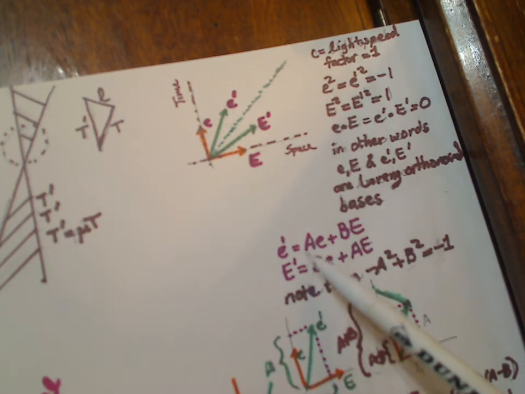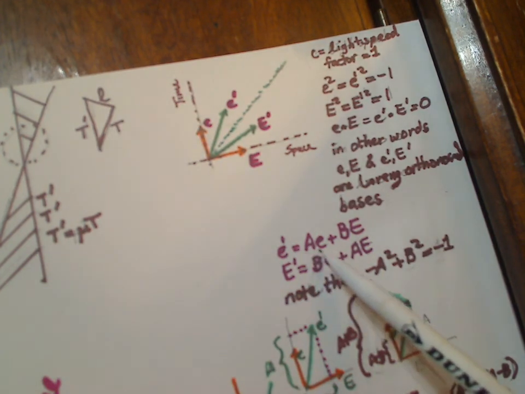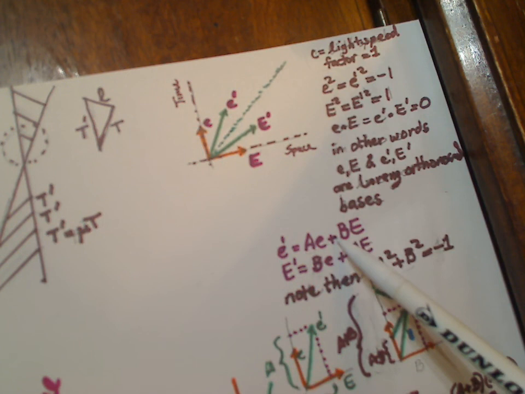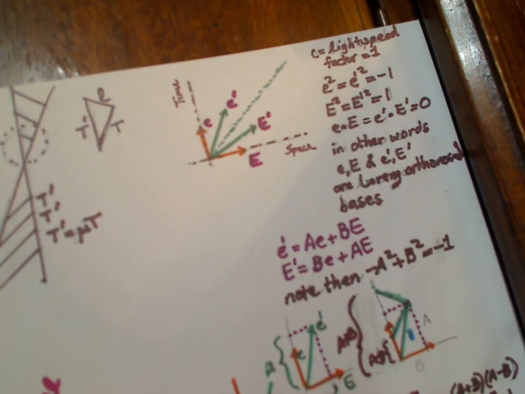By the way, since this A is the time part and this B is the space part, B over A is the velocity of e prime as seen by e. But we'll talk about that a little bit more later.